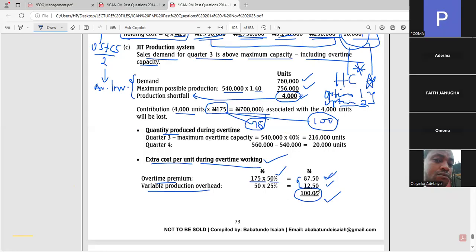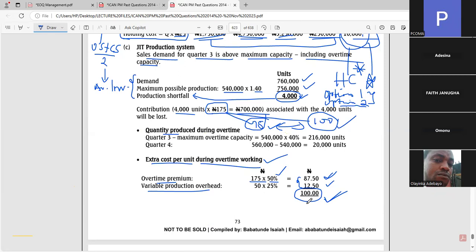Because assuming we were able to produce, we must get our 100 naira back. So now we are losing this 100 naira and we are losing this 75. These are the total things that we are losing. I don't know if I'm making sense. Are you understanding me? If we are able to produce this 4,000 and we incur 100 naira to produce one unit of that 4,000, won't we find a way to get our 100 naira back when we sell?